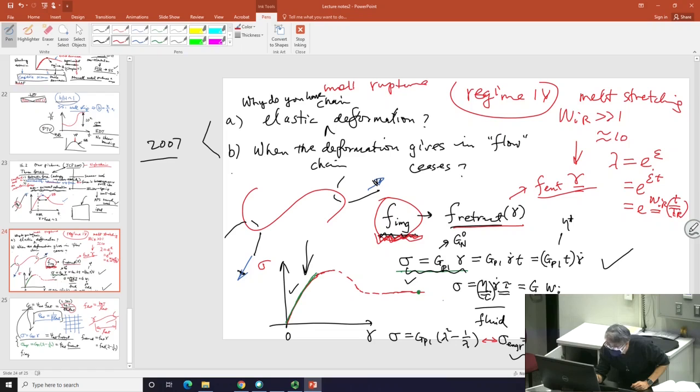Can it happen in shear? Oh, Lord, I'm not going to answer that question now. We only talk about extension, okay? So for extension, we know it happens. Which means what? Which means there is a limit where this force diverges. This force refuses to go away. Okay, you get it? Refuses to go away.